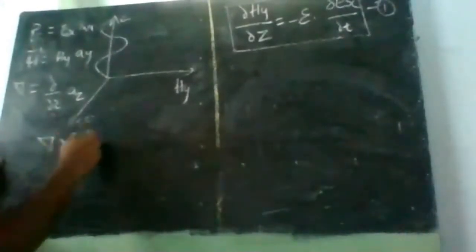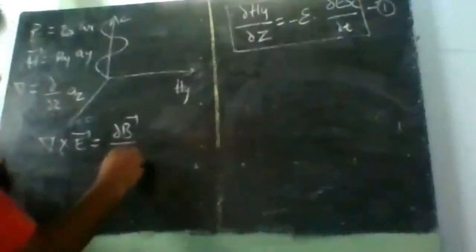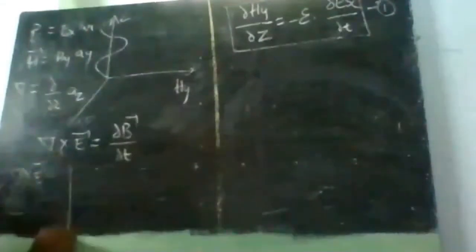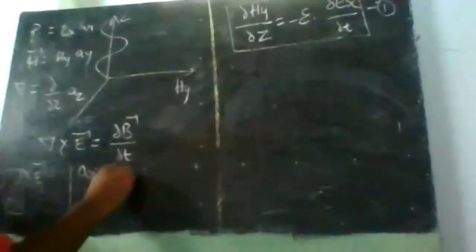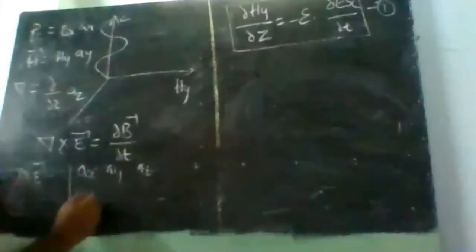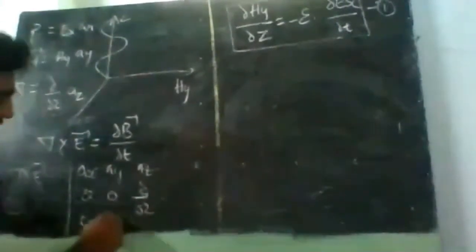What is the other expression? The other Maxwell equation is del cross E bar is equal to minus dou B bar by dou t. So solving for del cross E bar, again with ax ay az, del has a value only along z, and E is only along x.